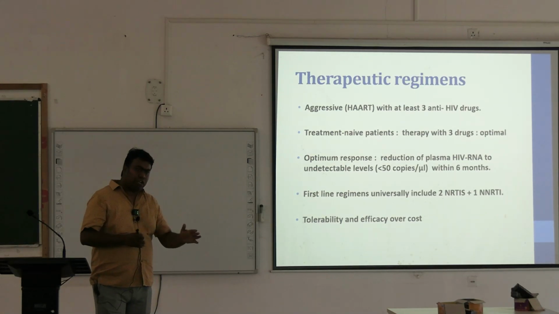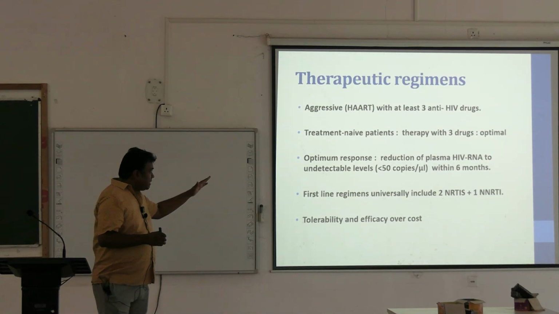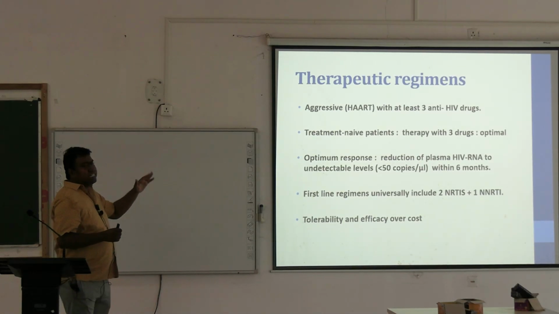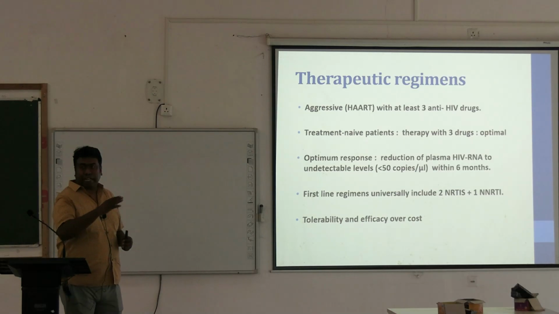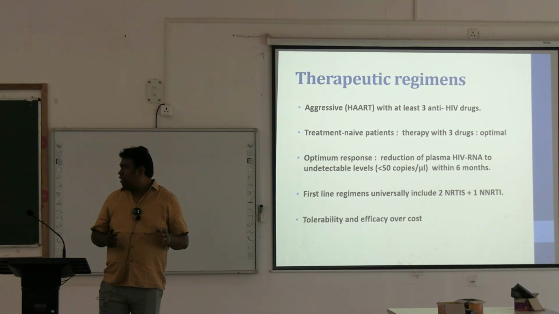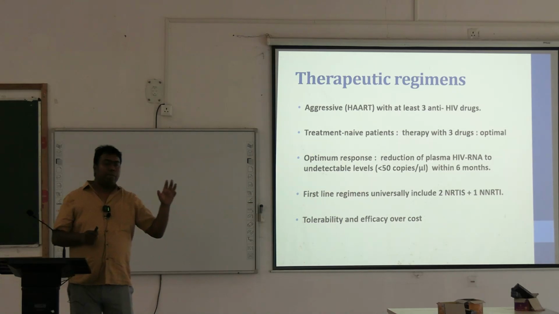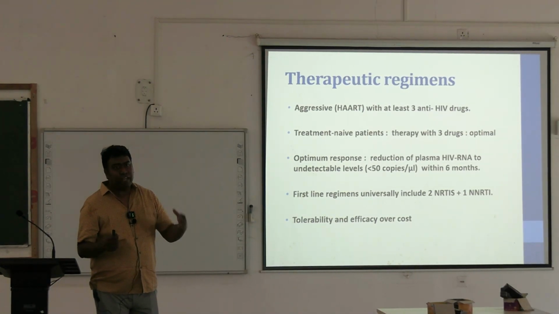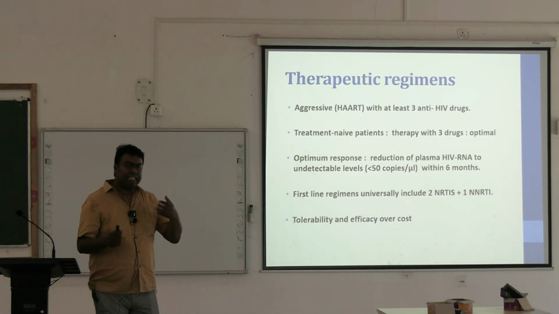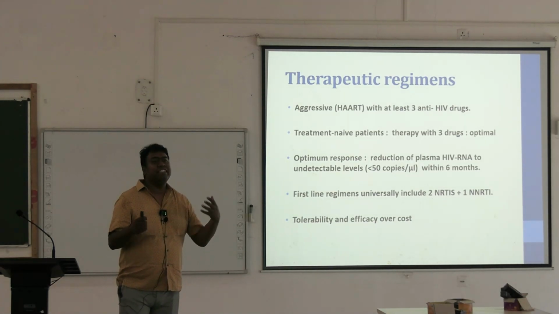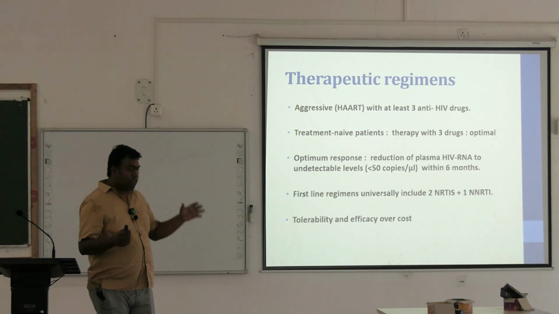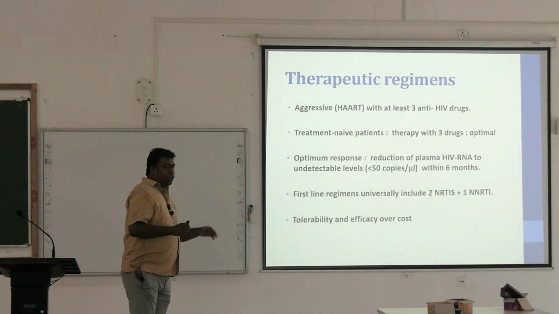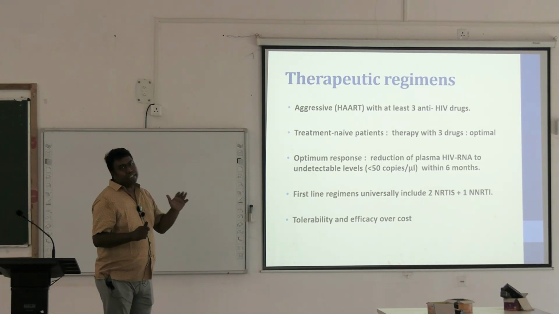Clear? So the viral RNA should be less than 50 copies per microliter within 6 months. If after 6 months we see that the count is more than 50 or detectable, that means there is a failure of therapy. We have to either change the therapy or intensify it. Clear? So our target is less than 50 copies per microliter within 6 months.